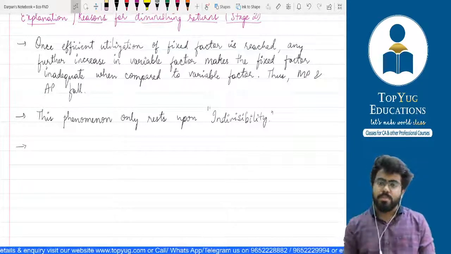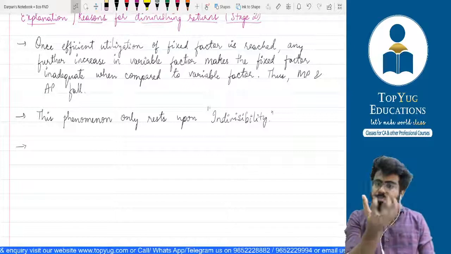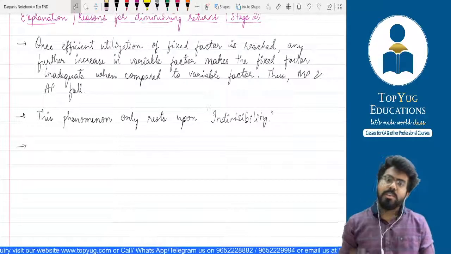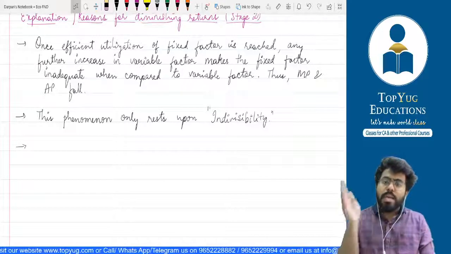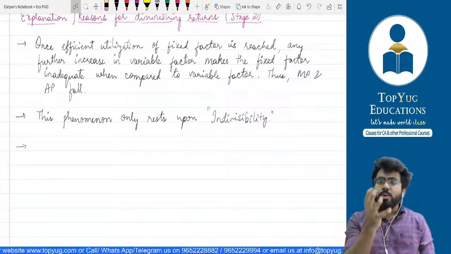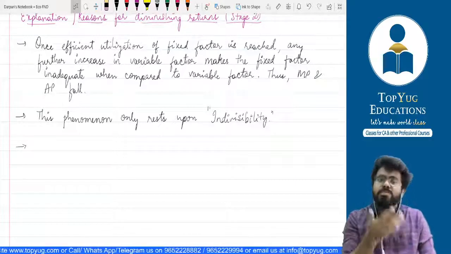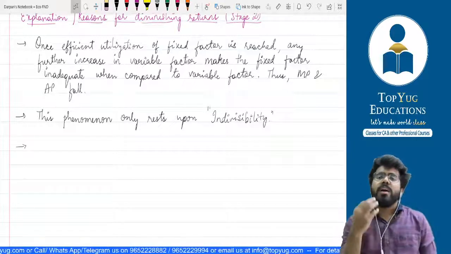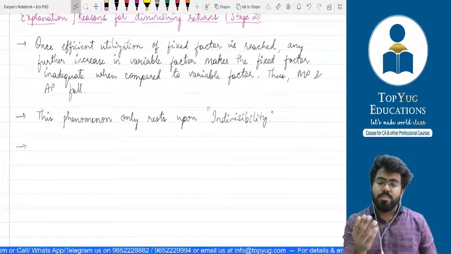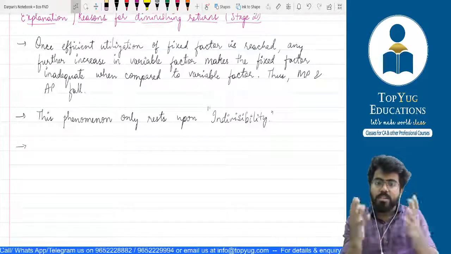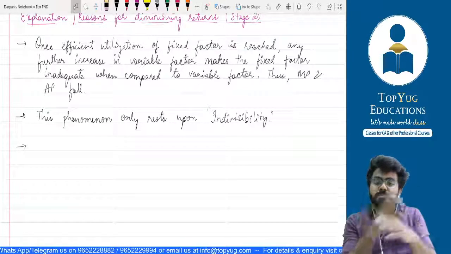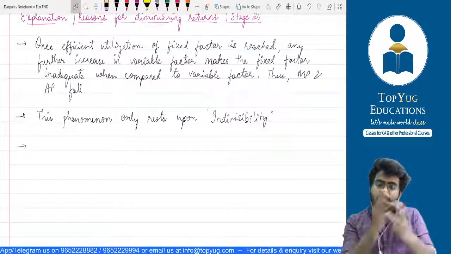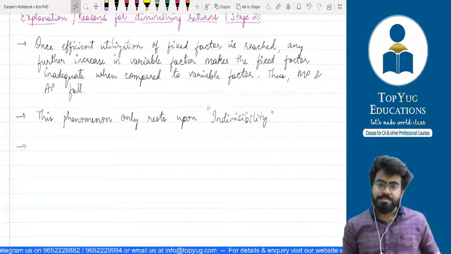So if I'm keeping machinery fixed, employing more labor cannot do the job of machinery. I will need additional machinery, right? So one of the reasons is also that all the other factors are imperfect substitutes to each other. They cannot substitute each other perfectly.